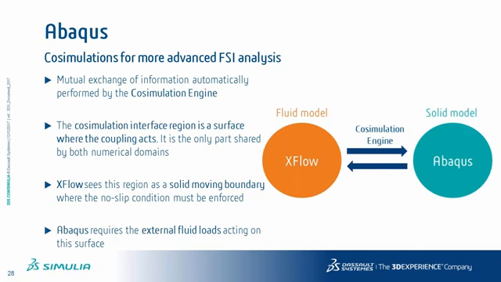For that we are exploiting the Abaqus Cosimulation engine, and basically what happens is we're trying to exchange information on a surface. So we have forces coming from XFlow and deformation coming from Abaqus, and those are exchanged on this common surface.